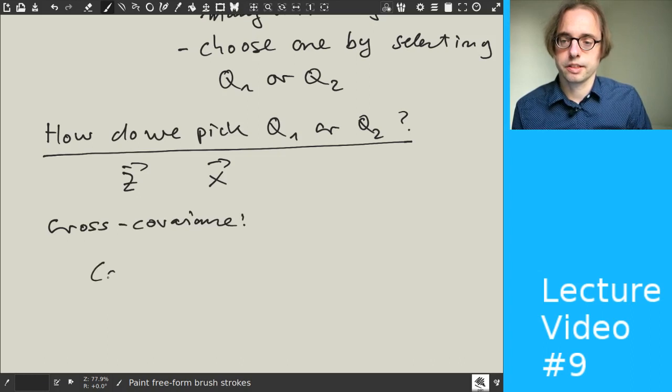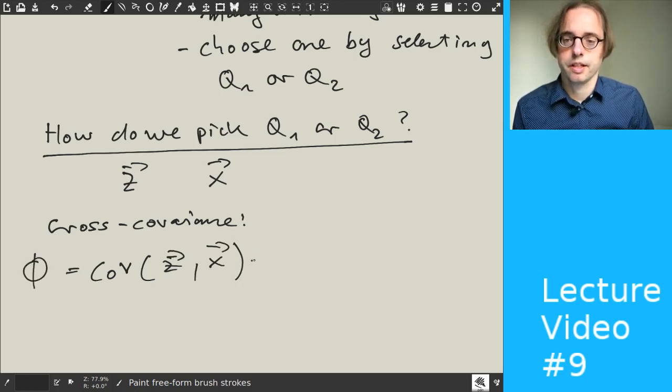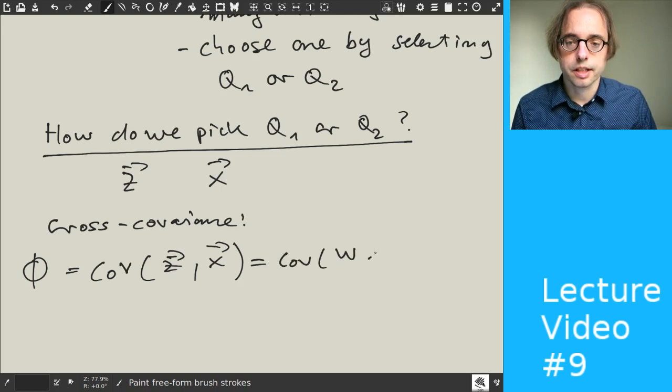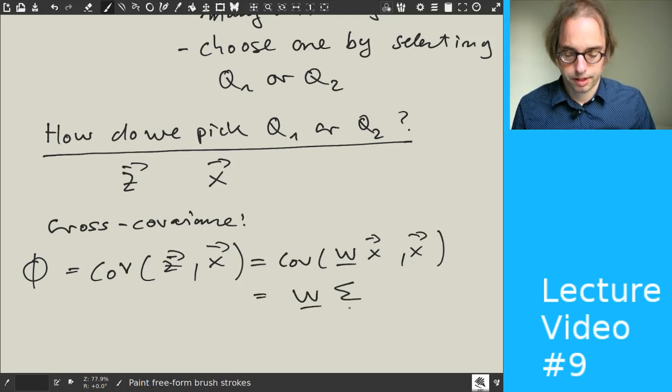So the cross covariance is simply the covariance between Z and X, and we call it phi. This cross covariance is the covariance of Wx and X, and you can see easily it's simply this: the product of the whitening matrix times the covariance matrix.